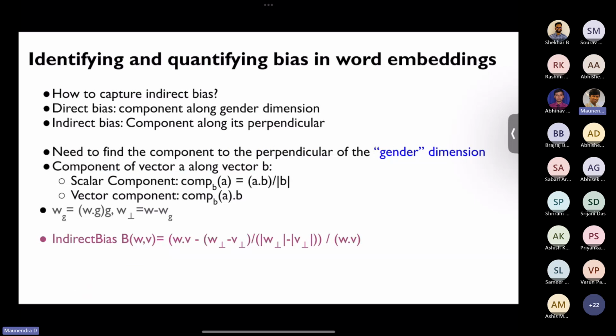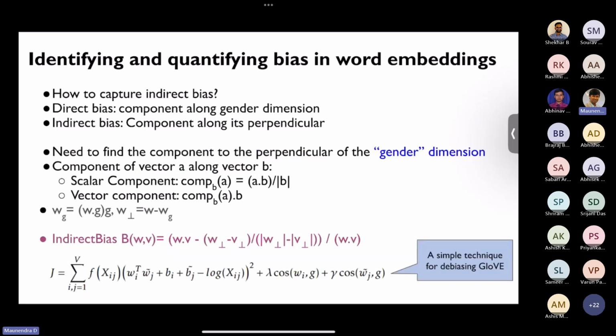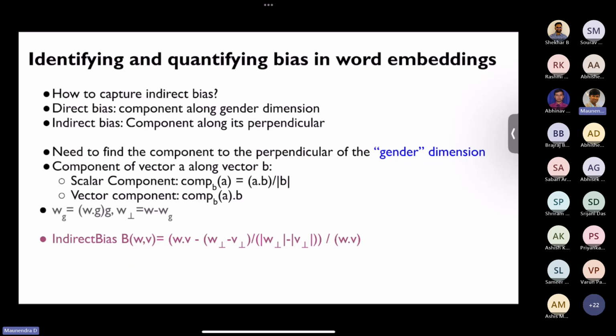These are some basic vector algebra. The scalar component is a dot b divided by the size of b, and the vector component is the previous one times b. The first part is a scalar: a dot b is a scalar, and dividing by the size of b is also a scalar. So it's a scalar component. But the vector component is that scalar component multiplied with the direction.